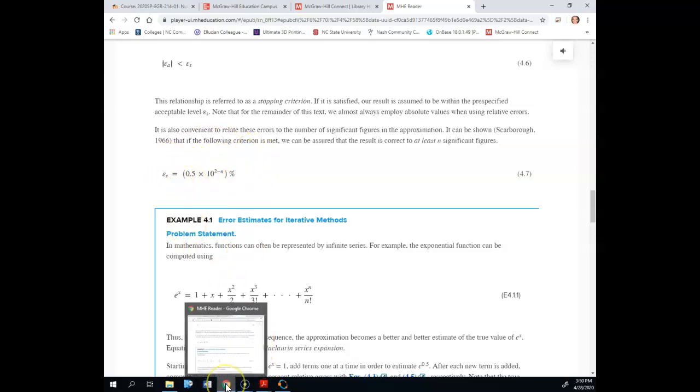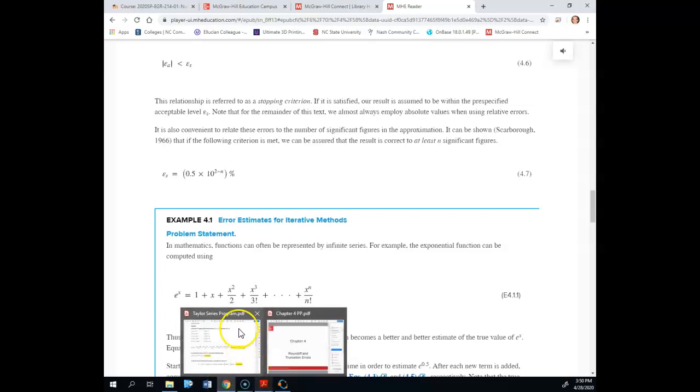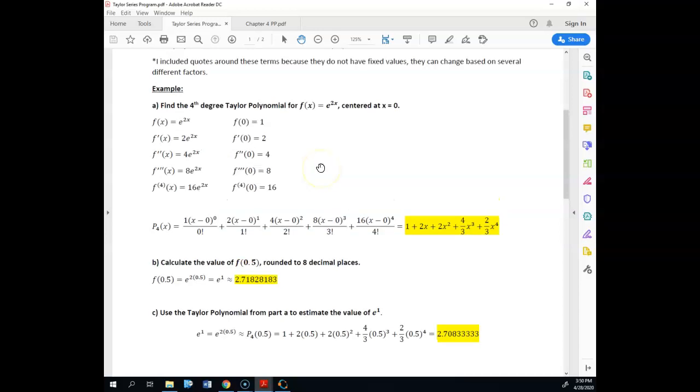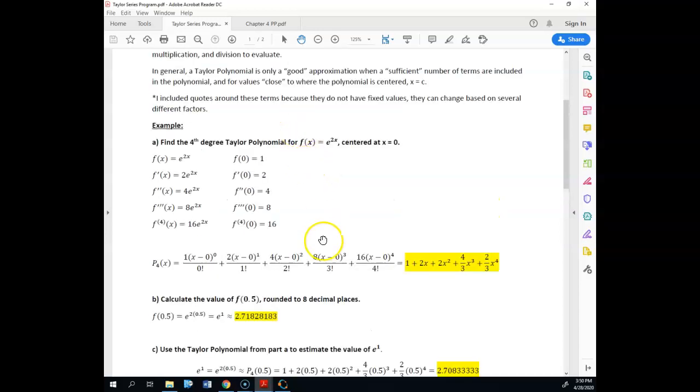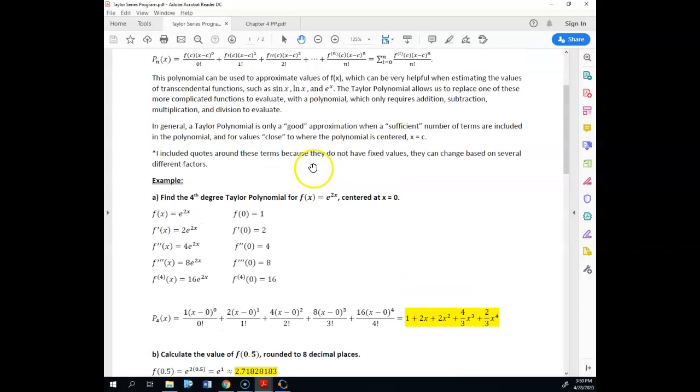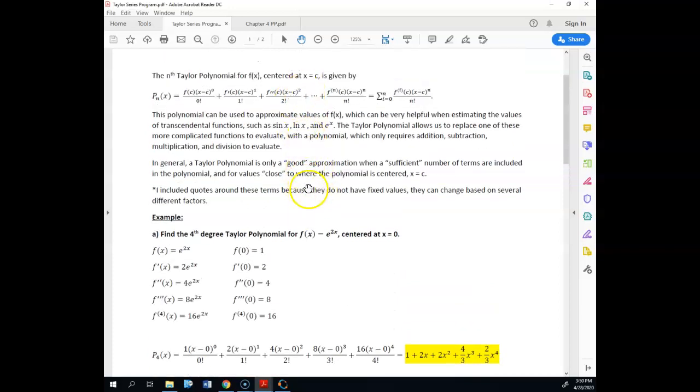If you look at the programming assignment, I've already gone through and developed a 4th degree Taylor polynomial for e to the 2x that's centered at x equals 0. And as I said in some of the notes here, the more terms that we include, or the closer that we are to 0, the better the approximation is going to be.